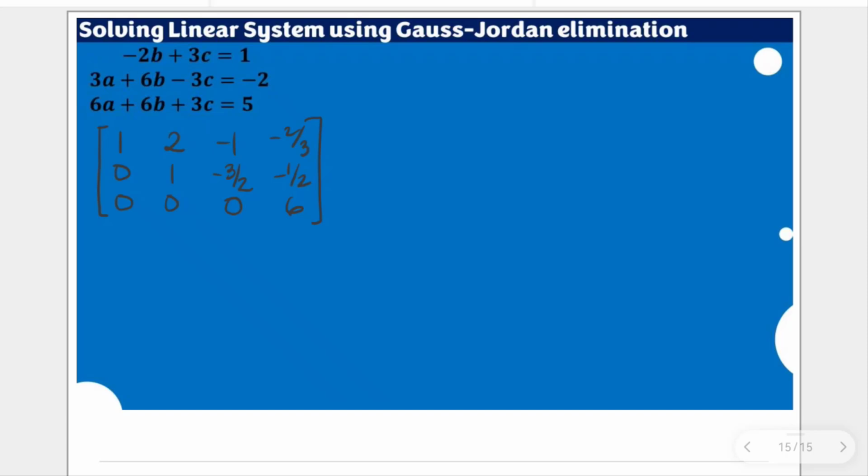In short, from this row echelon form, let us come up with the reduced row echelon form, applying correct row operations as well. But before we go to that, it might be noted that with this given row echelon form, we have decided from last time that this linear system doesn't have any solution.